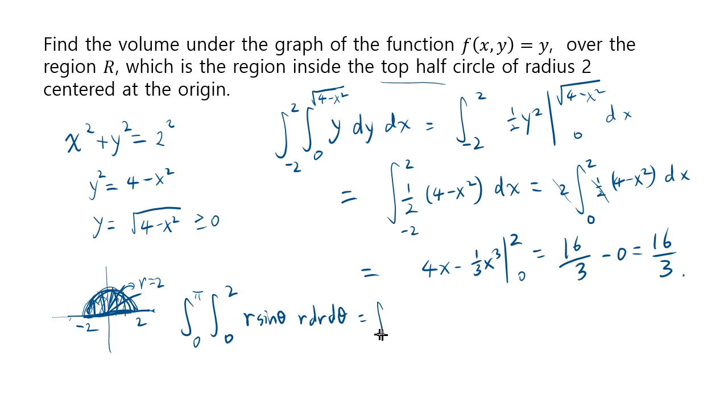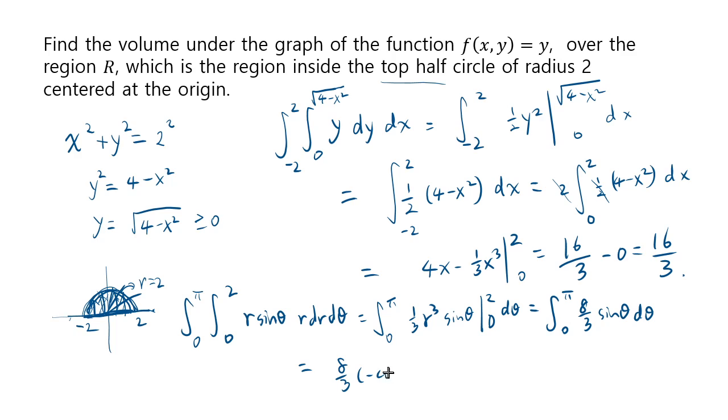Let's just try it. From 0 to pi, integrating r squared gives you 1/3 r cubed, and then you have sine theta. You plug in 2 and 0, d theta. When 2 is plugged in, that's 8 over 3 sine theta d theta, and the integral of sine is negative cosine, so 8 over 3 times negative cosine theta, plugging in pi and 0.